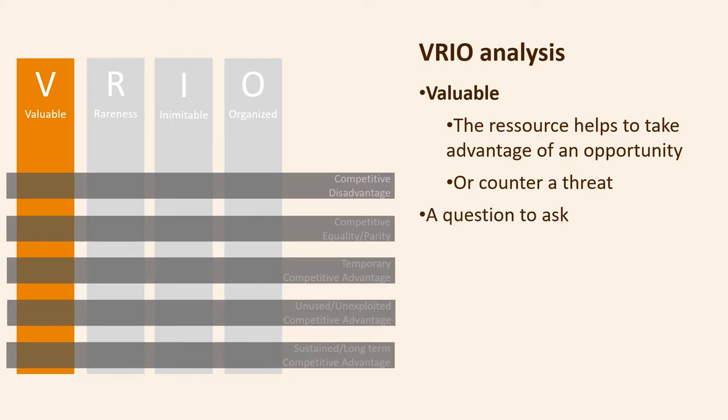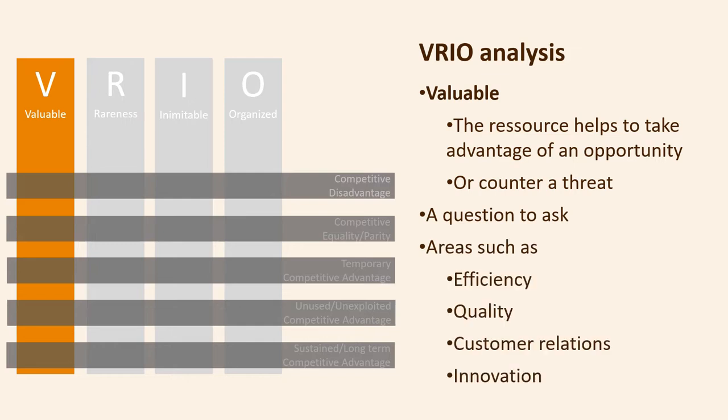When assessing a resource, a good question could be, does a resource enable our firm to exploit an environmental opportunity and/or neutralize an environmental threat? It can be in efficiency, quality, customer relations, innovation, or similar areas.